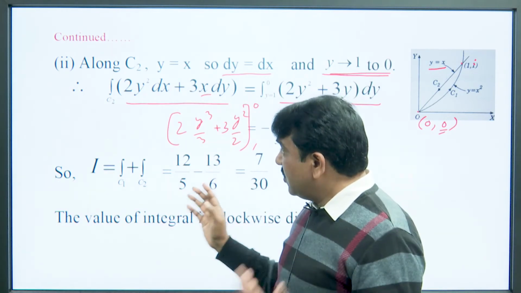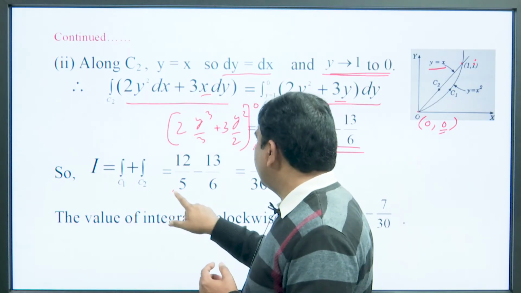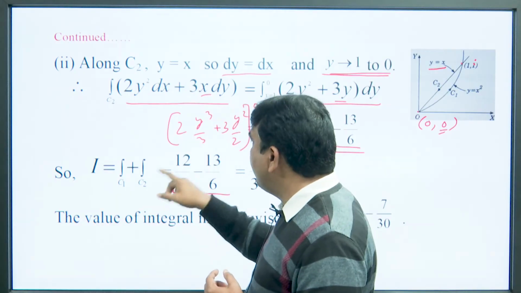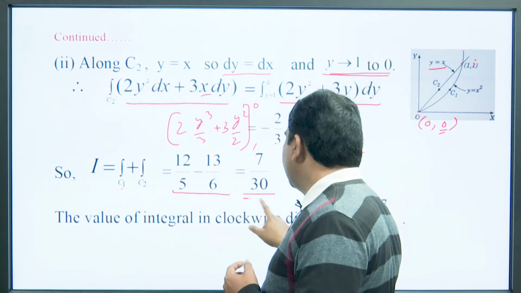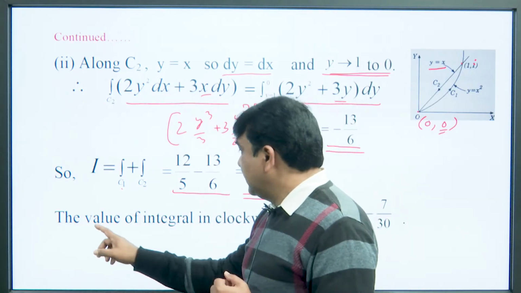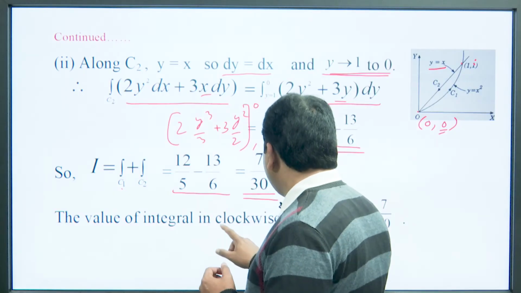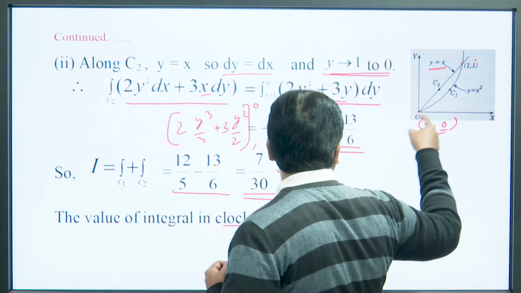So the total integral I is equal to along C1 plus C2, which gives 12 by 5, which we have already evaluated along C1, and this is minus 13 by 6. So its value becomes 7 by 30. Now, this is the value of the integral in the clockwise direction.